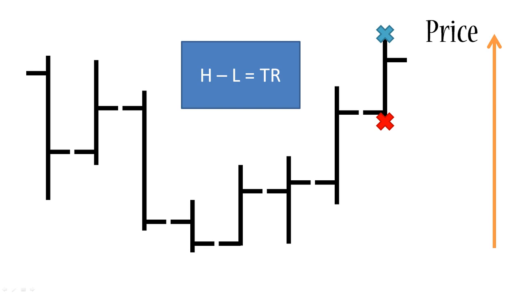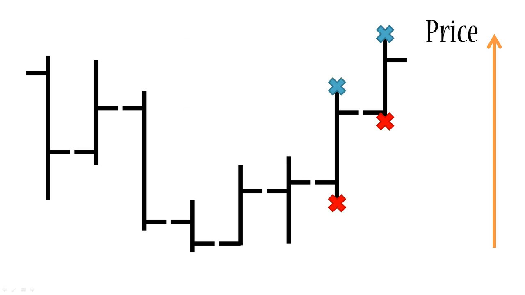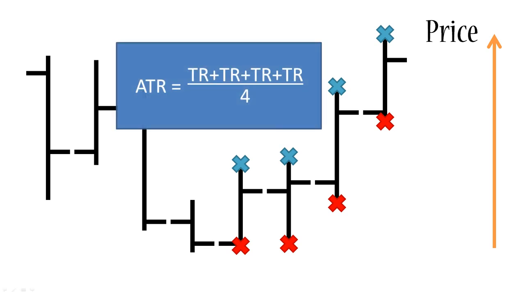Next, let's take the true range for the next bar, and then the true range for the bar after that, and then we'll take one more true range. What we're going to do with all of these four true ranges is take the average of them, and that will give us the average true range in the past four bars.